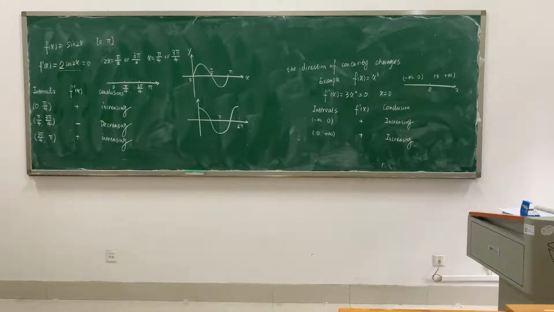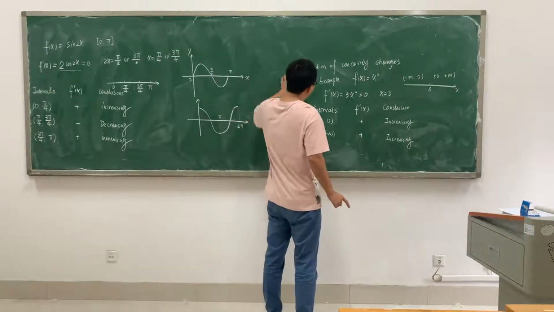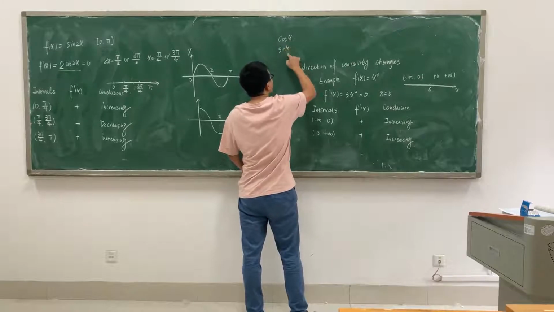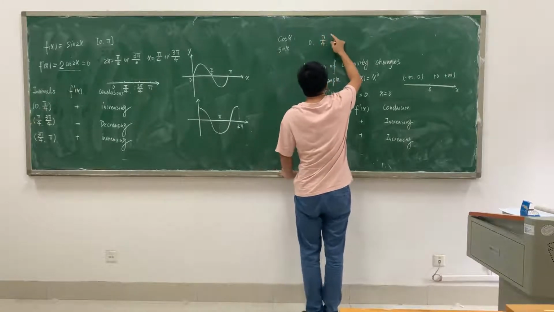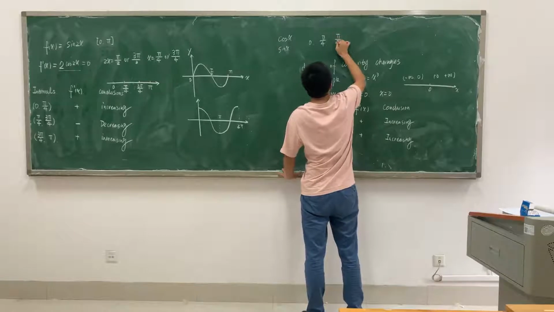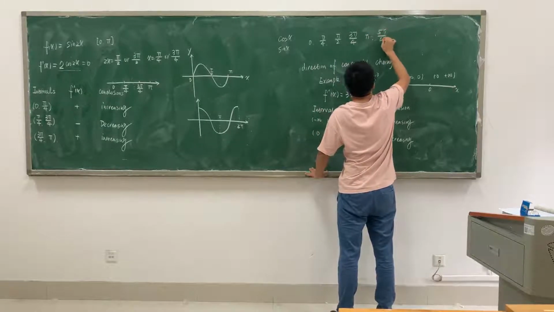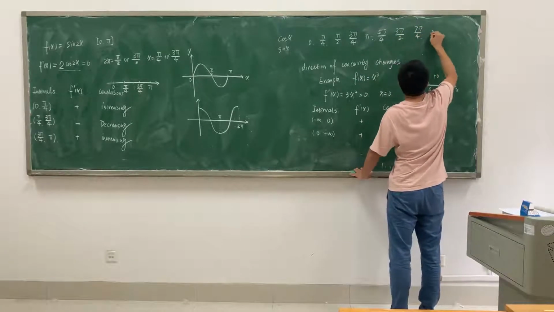Sine, cosine for a special angle, for 0, pi by 4, 1/2 pi, 3 pi by 4, pi, 5 pi by 4, 3 pi by 2, 7 pi by 4, and 2 pi, okay? I think that you should be familiar with this.